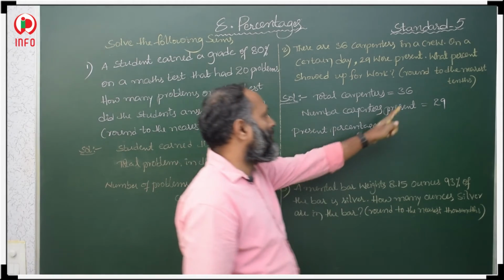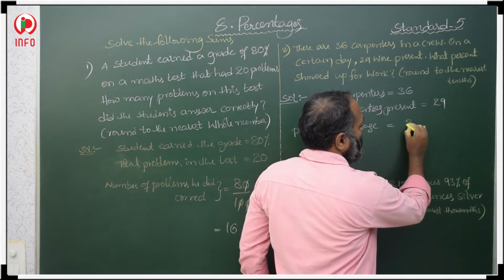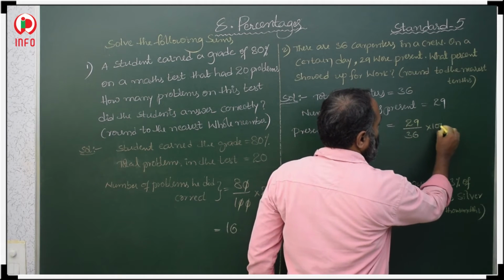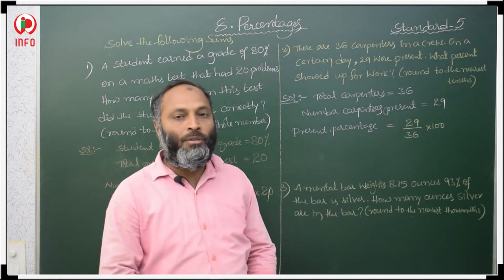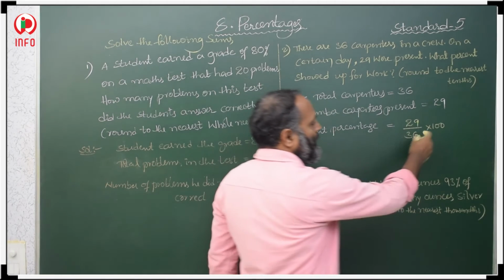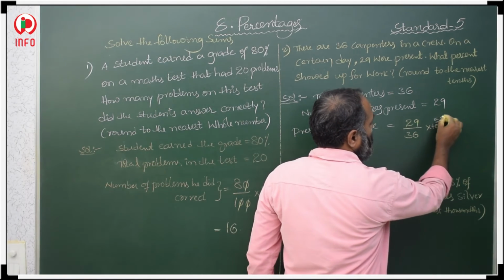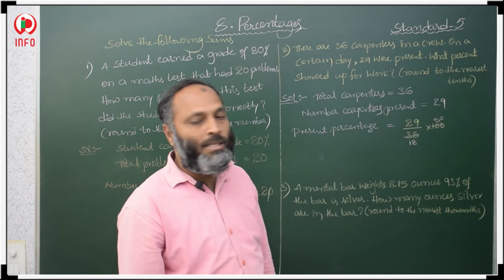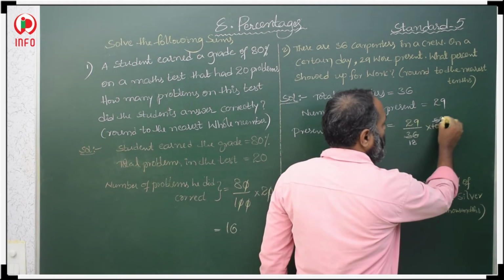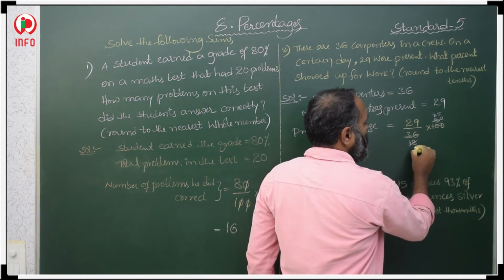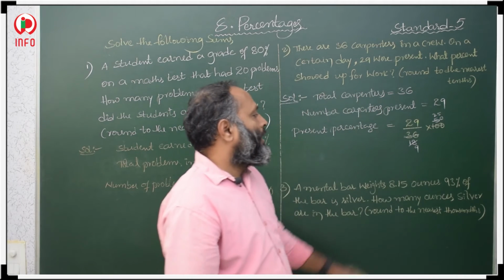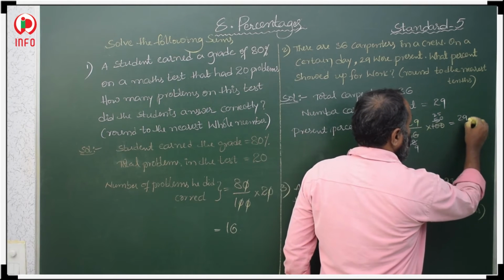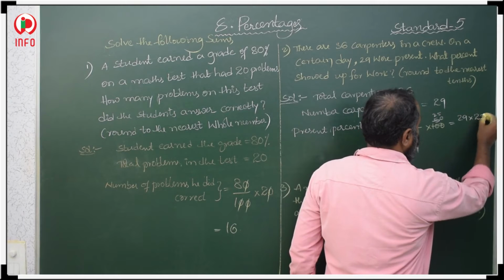We have to take 29, present by total, into 100. Now we have to cancel this with 2. 2 50s are 100, 2 18s are 36, again with 2, 25s are 50, 2 9s are 18. Okay, then nothing will cancel. 29 into 25 by 9.